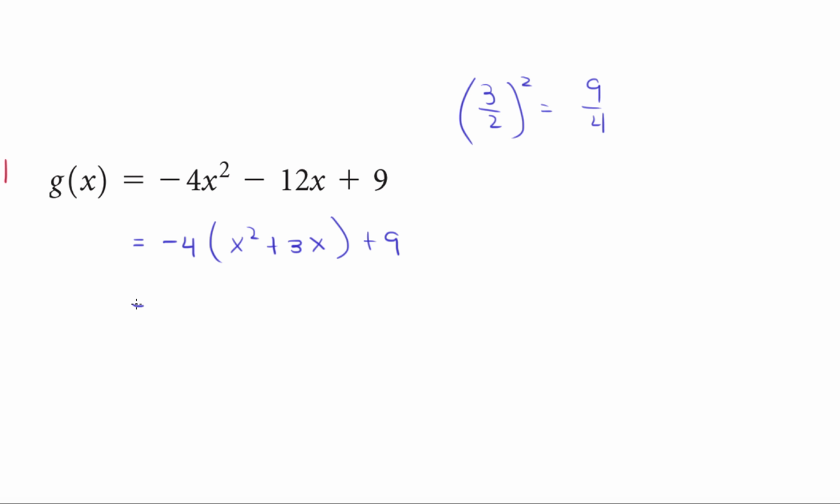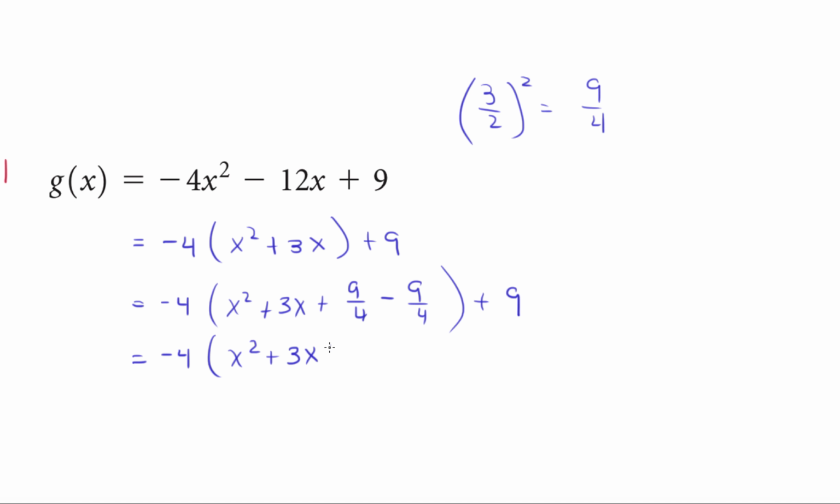So you have negative 4(x squared plus 3x plus 9/4) minus 9/4 plus 9. Again, in order to take the negative 9/4 out of the parentheses, we need to distribute. So negative 4 times negative 9/4 plus 9.